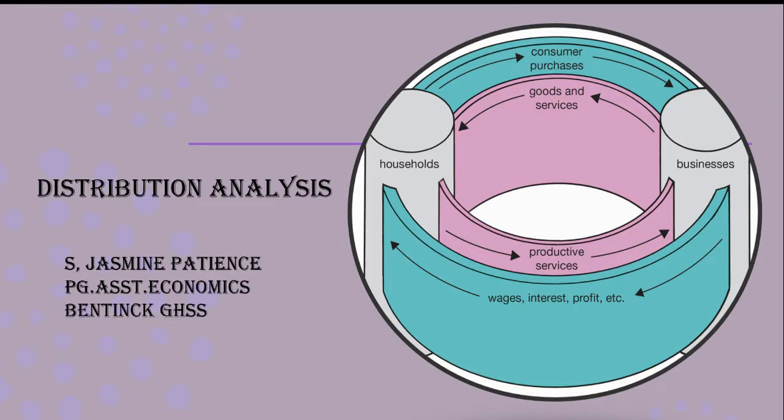So what is the reward? If you see this diagram here, we have the households and the firms. The firms need the factors of production. What are the factors of production? The firms need land, labor, capital, and organization.